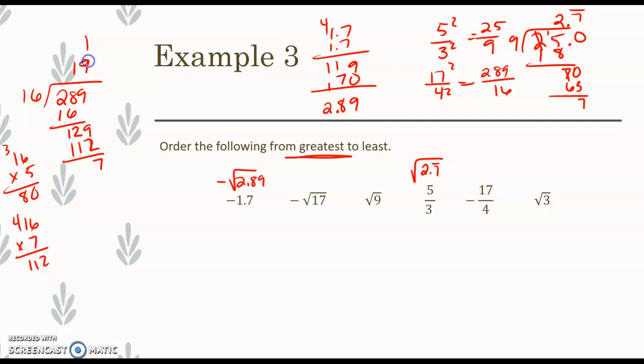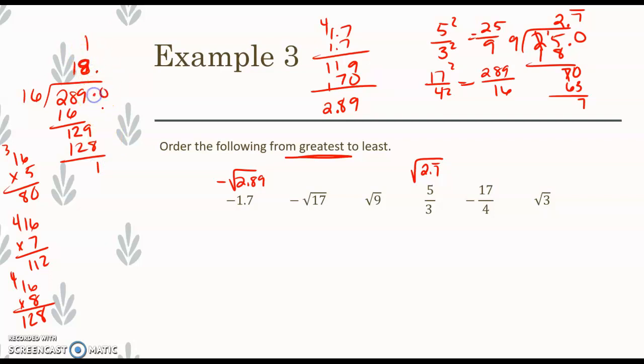Go with an 8. 16 times 8 is 128. So yes, we need to go with 8. So 128. We're left with 1.